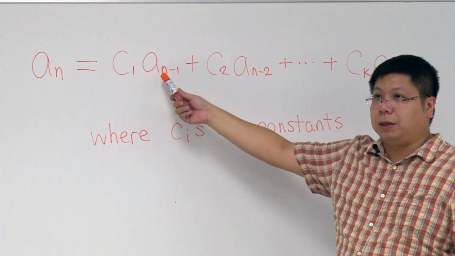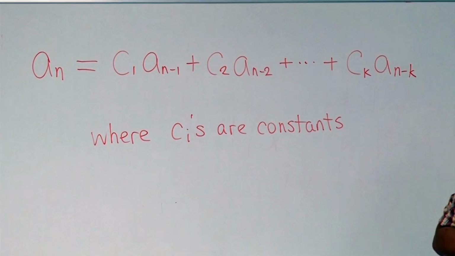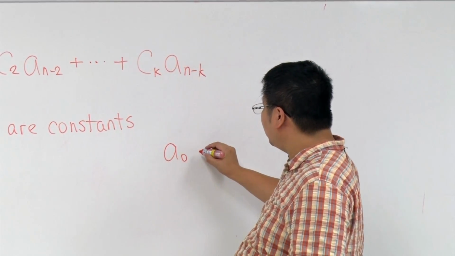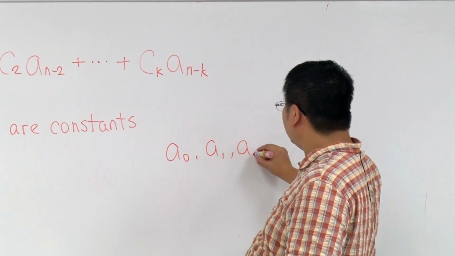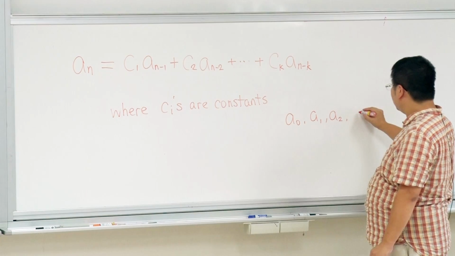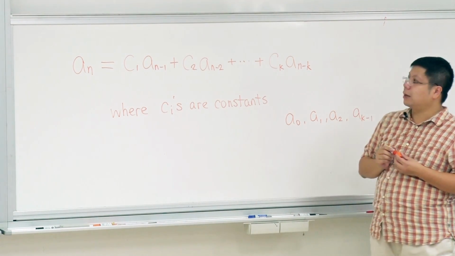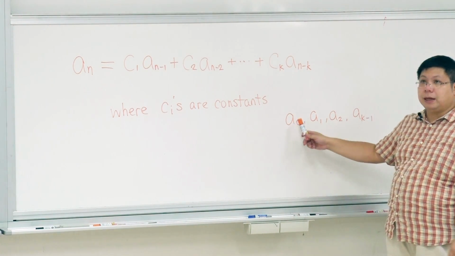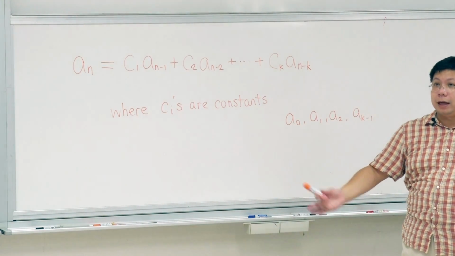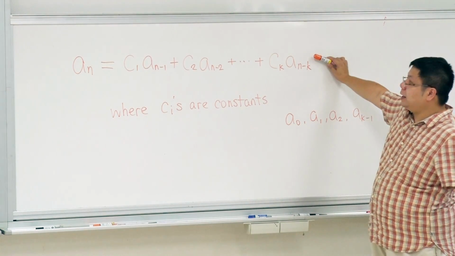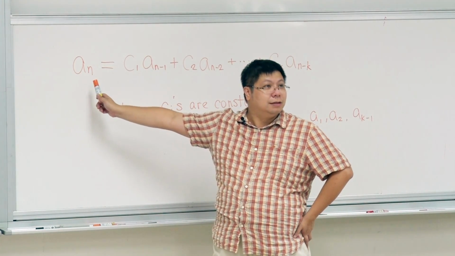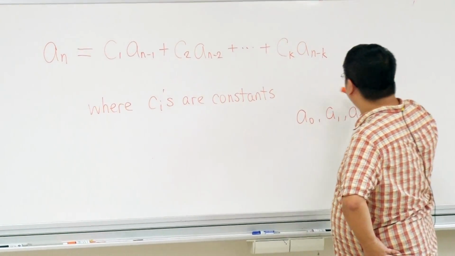So what does it mean? If I have the values of A0, A1, A2, up to A_(k-1), how many terms are there? There are k terms here. If these terms are given, then I can plug them into the equation and get the value of A_k. Does that make sense?